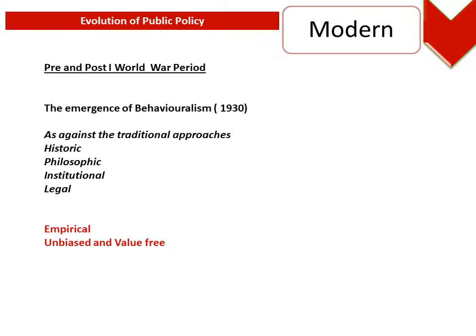The emergence of behaviorist approach in political science was a major development after the First World War in social sciences. It represented a sharp break from previous traditional approaches, meaning historical, philosophic, institutional and legal.